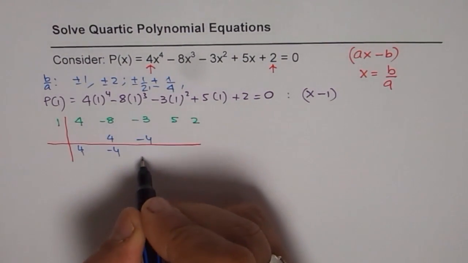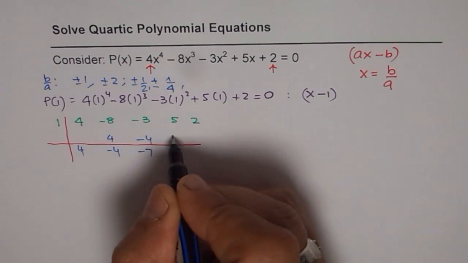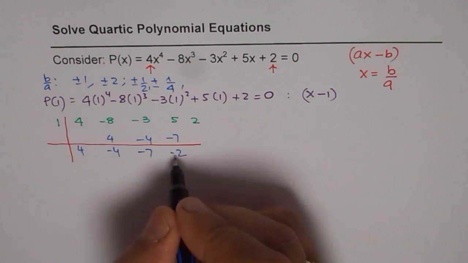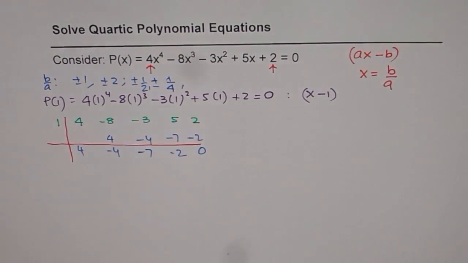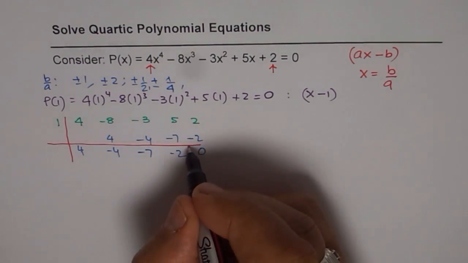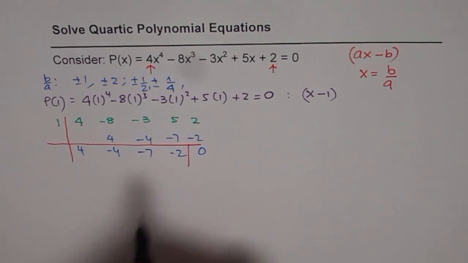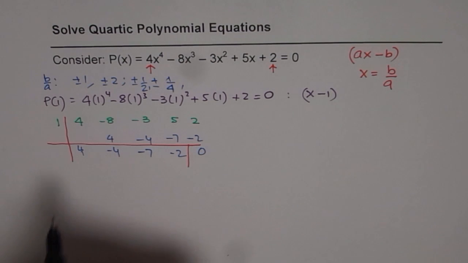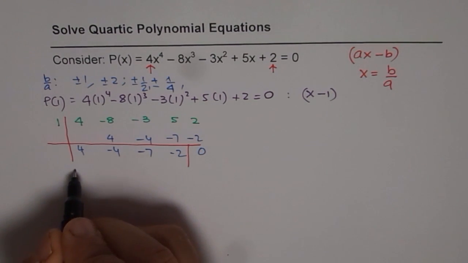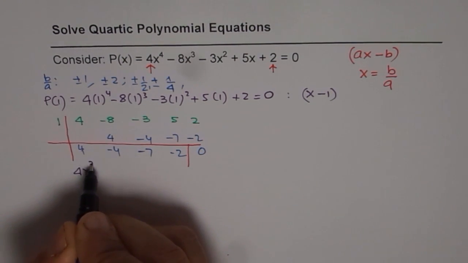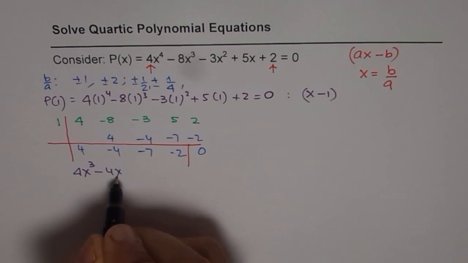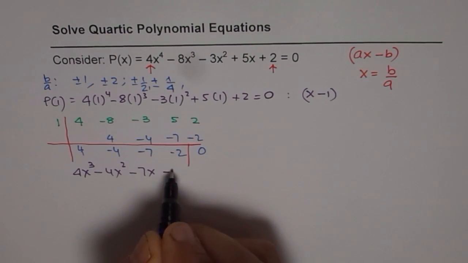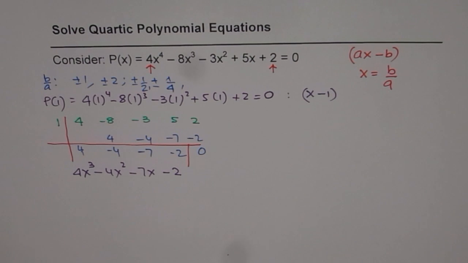Multiply, minus 4, add them up, minus 7. Bring it there, minus 7, add them up, you get minus 2. Times minus 2, 0. Perfect. So we got a 0, and these are the coefficients of a cubic function, correct? We write it as 4x cubed minus 4x squared minus 7x minus 2. So we got one more factor now.